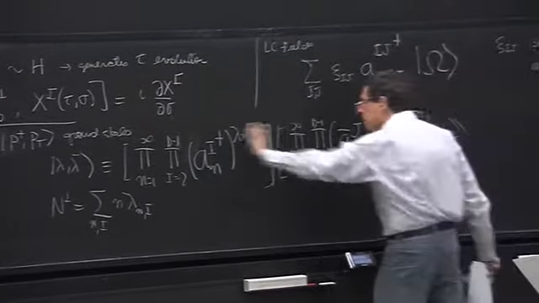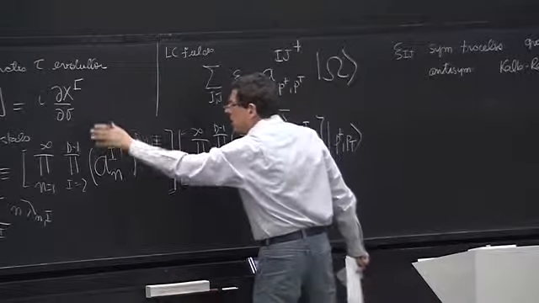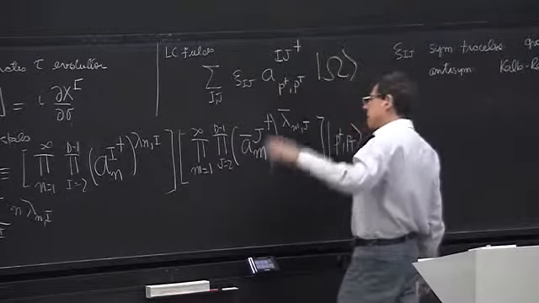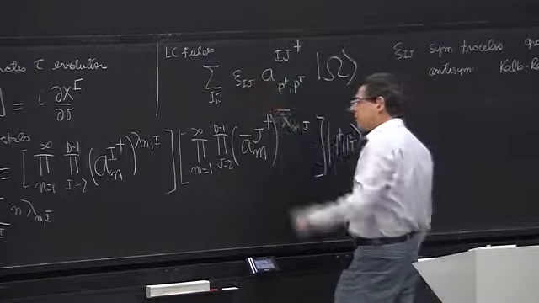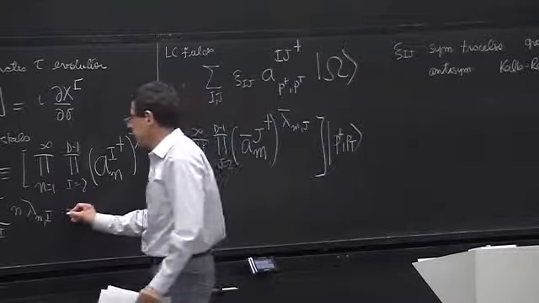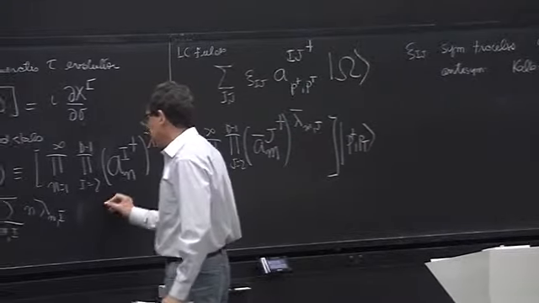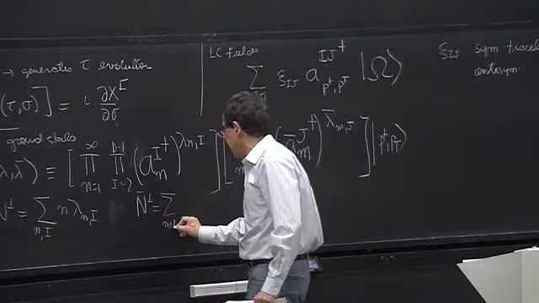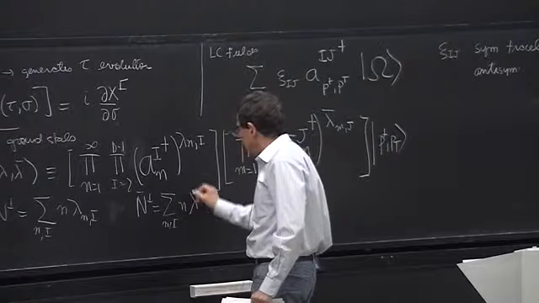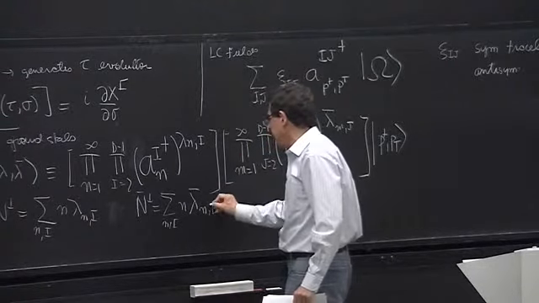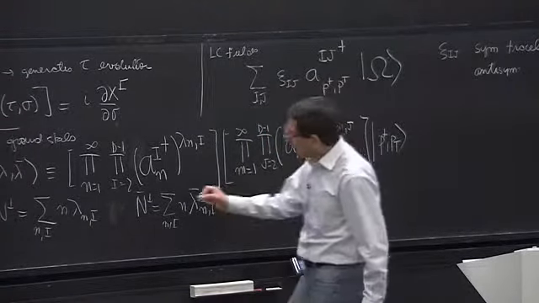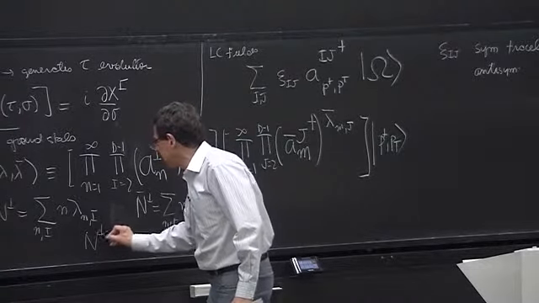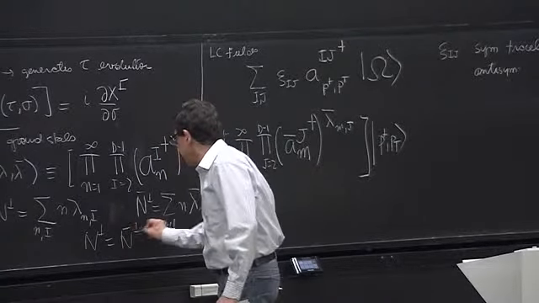But the total number from these right-moving oscillators must be equal to the total number from the left-moving oscillators. So this must be equal. Well, I'll write N bar perp is the sum over n and I again, n lambda bar_nI. I don't have to use j's there. And of course, these two numbers must be the same.